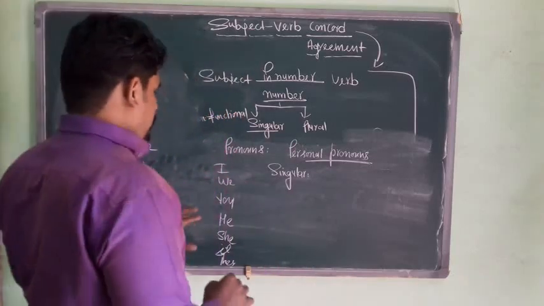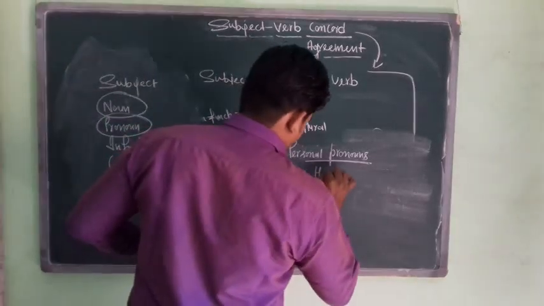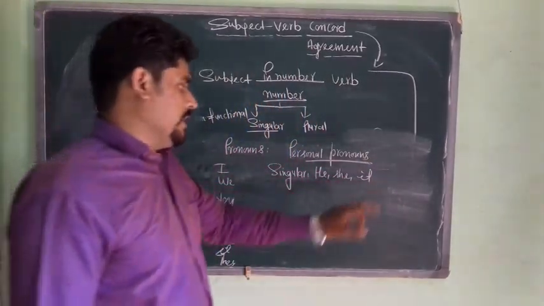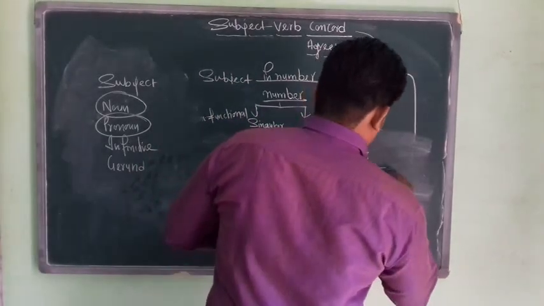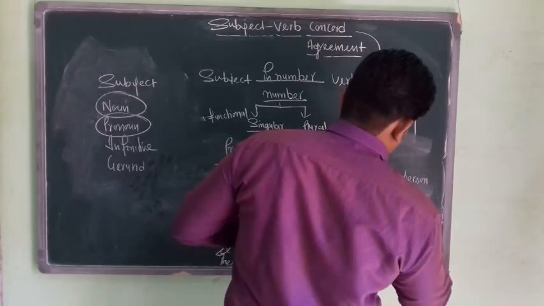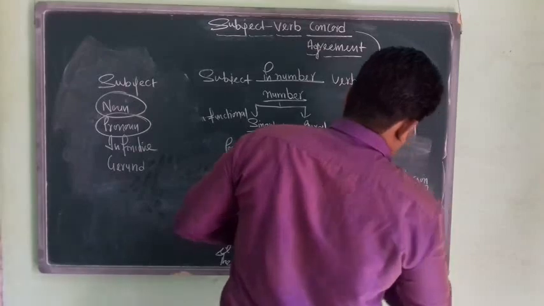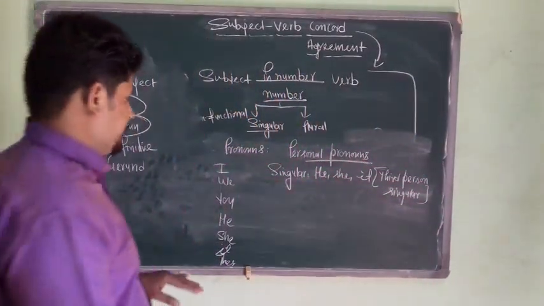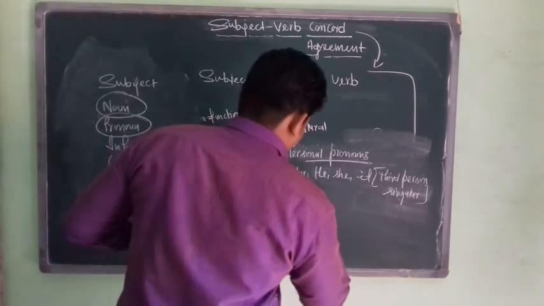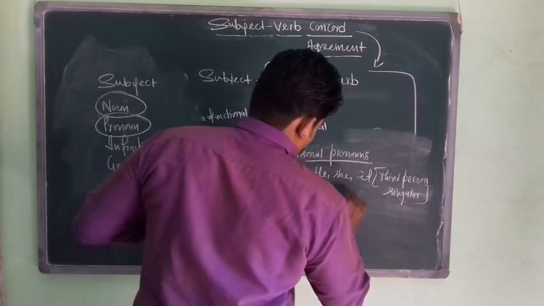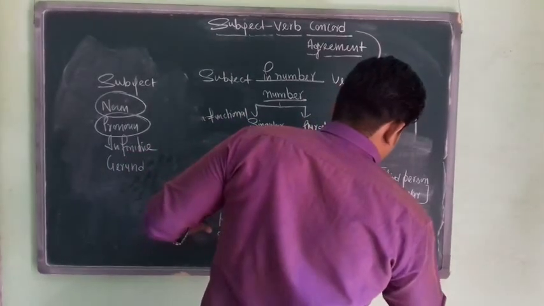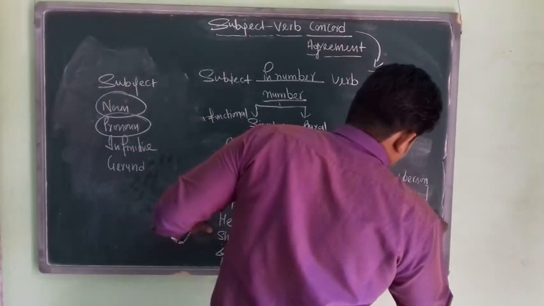So in singular number we use third person: he, she, and it. So he, she, it, third person singular, are taken as singular subjects, whereas I, we, you, they are used as plural subjects.